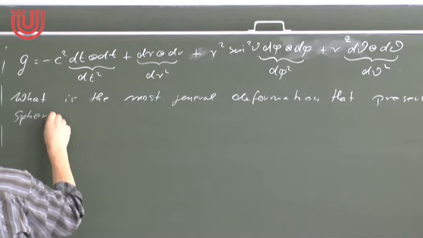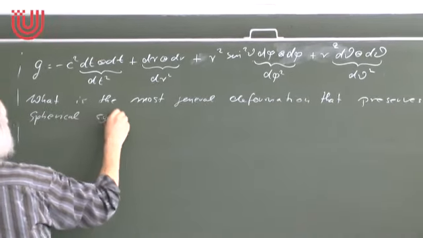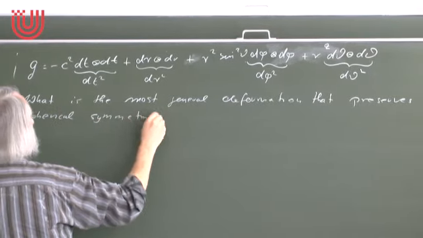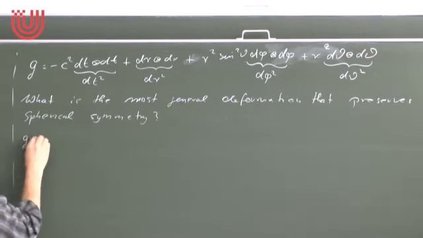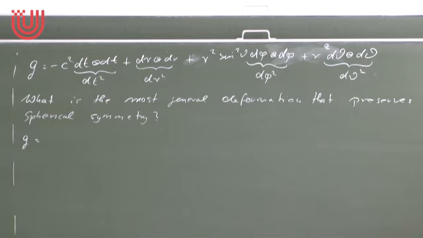That's a question we ask ourselves. So as I said, we can certainly multiply each term with a function which depends on r and t only. If it would depend on one of the angles, then it would destroy spherical symmetry, right? Because then particular angles would be distinguished from other angles.